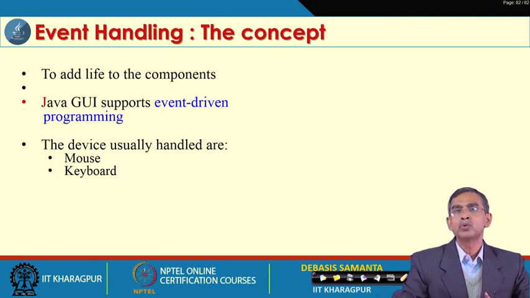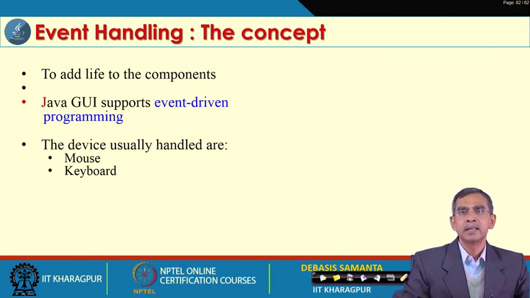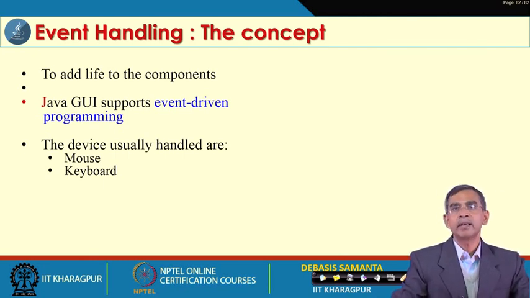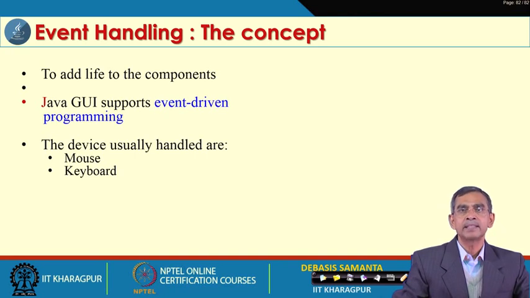Mainly two devices are used for generating events, the standard mouse and keyboard, and once the event is generated it can be handled by the corresponding program for each event. So, as a programmer you have to decide that if an event occurs, what will be the corresponding action for the user.